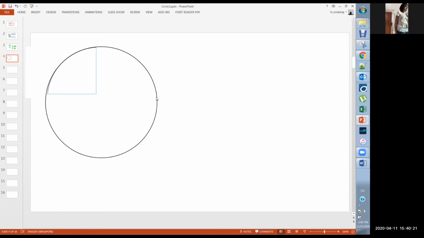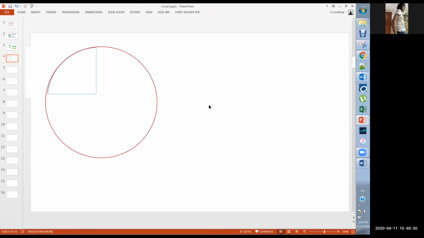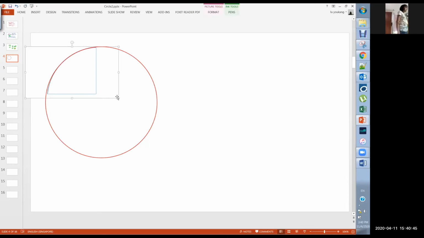What do you see? You see a quadrant and then a circle. You see a quadrant and a circle.